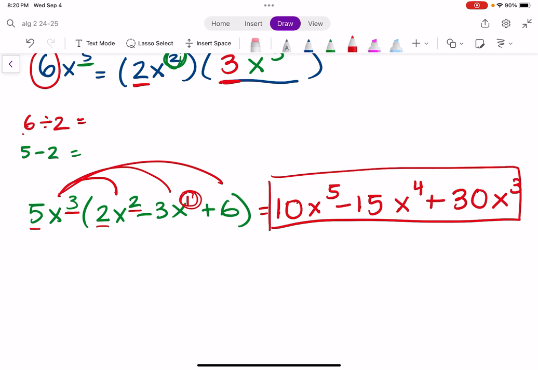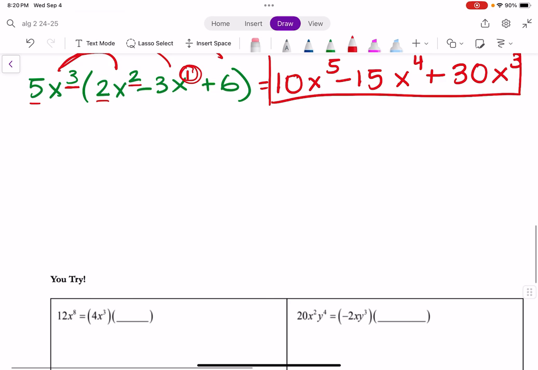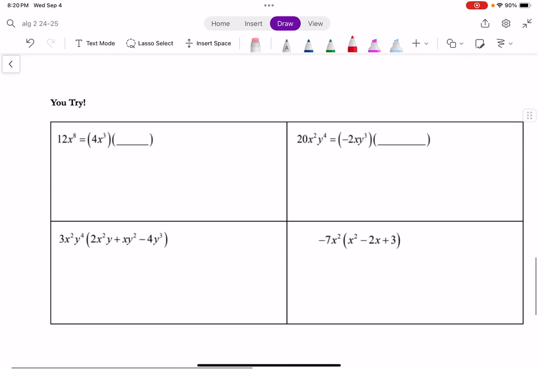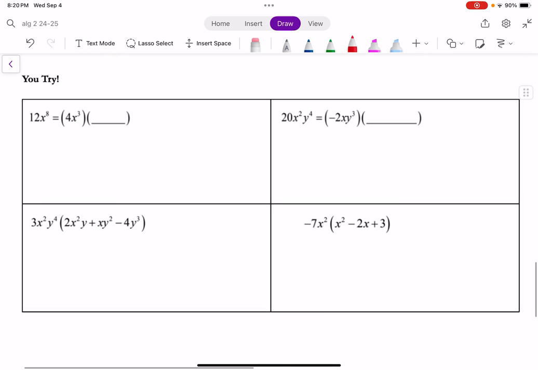Okay? So last thing that you're going to do before practice is try these 4 problems here. Pause the video, try them, and then we're going to go through the answers, and then you're going to start your practice. Okay, hopefully you attempted these problems. This answer was 3x to the fifth. This was negative 10xy.